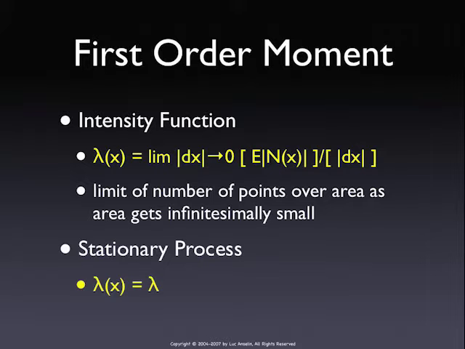This is what makes it a spatial distribution, a spatial pattern. And to get to that, we have to go through some mathematical abstraction where we basically think of the area as shrinking until it becomes very, very small, and the number of points in that extremely small area is what we call the intensity of the process.